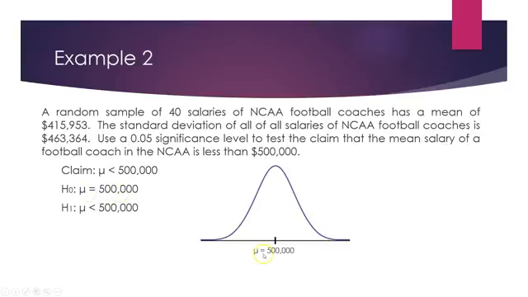H0, which we're assuming to be true, goes smack dab in the center. This is going to be a left-tailed test because our H1 has a less than. That's it. This is really going to be the challenging part, setting this up and making sure that you are accurate. And then from there, they do start to kind of fall into place.